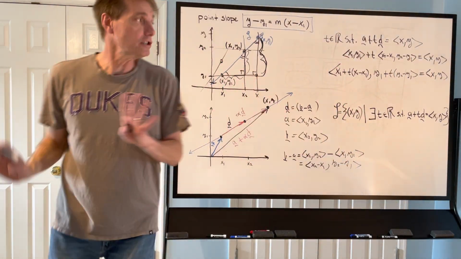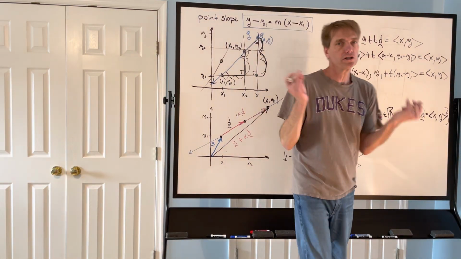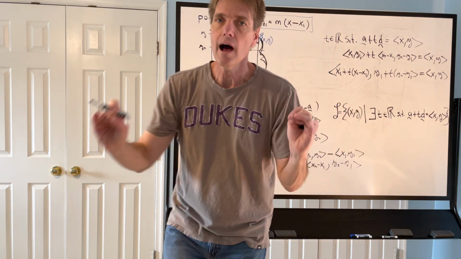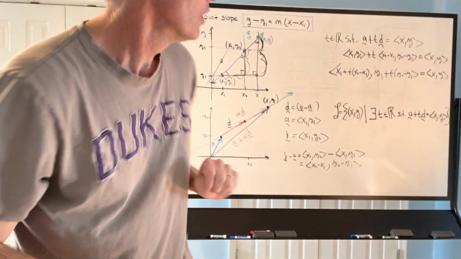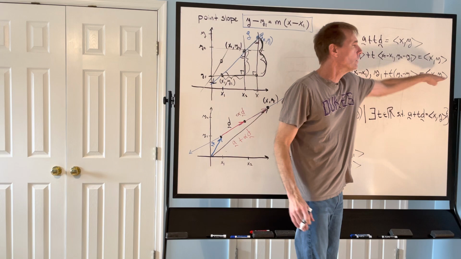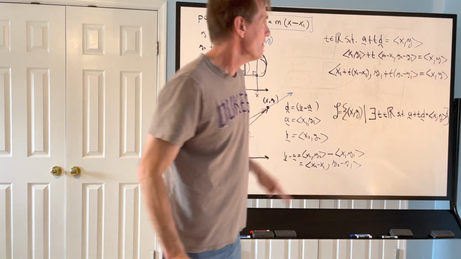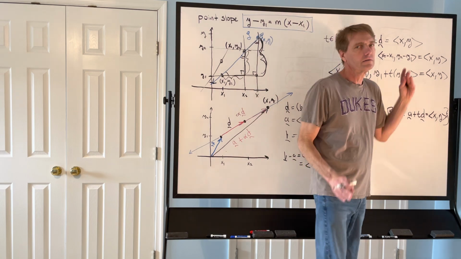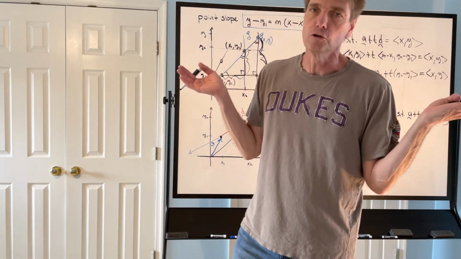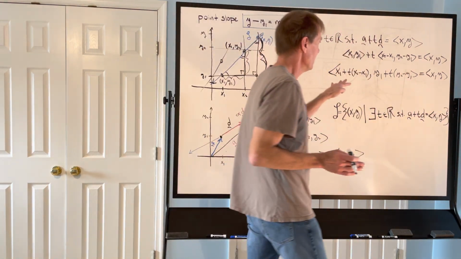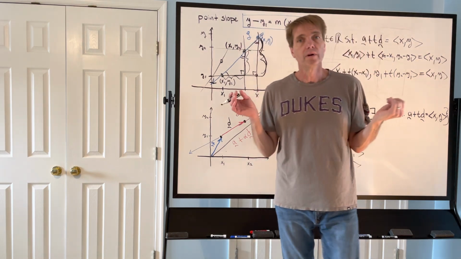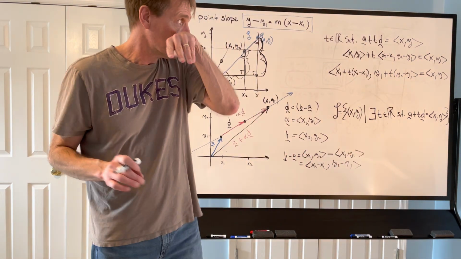You guys defined your scalar multiplication and your vector addition. Not only that, you defined equality of vectors. You said one vector is equal to another vector if and only if what? The vector smiley face is equal to the vector ice cream cone if and only if their components are equal.